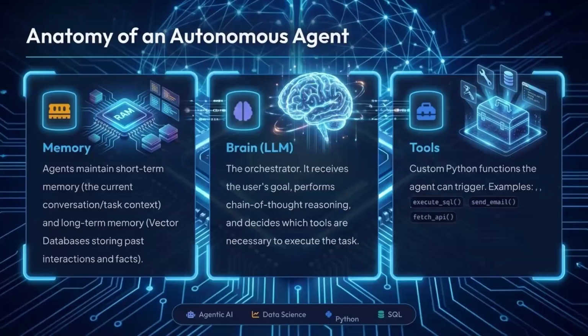And any autonomous agent in the market nowadays, either Gemini or Meta or ChatGPT or Claude, every agent requires a memory to maintain the conversations and history, then it requires a brain like an LLM, which is an orchestrator to execute our task, and finally requires a tool or a group of tools to generate the code and then execute that code also.